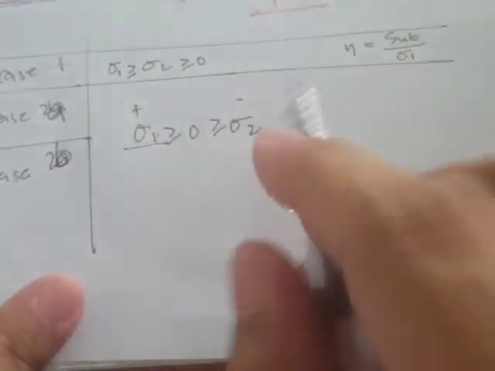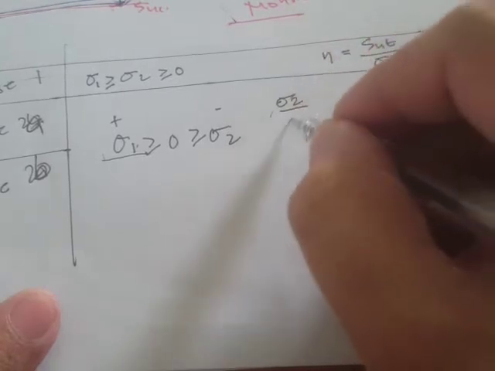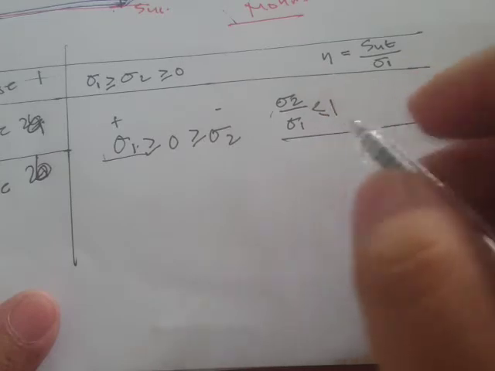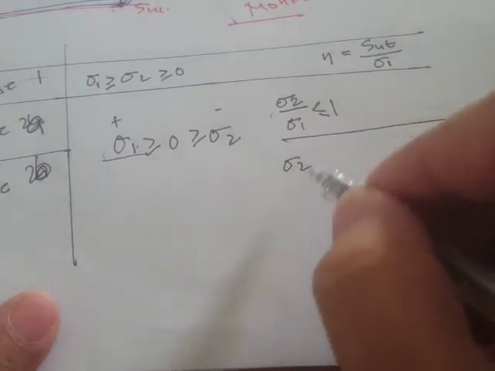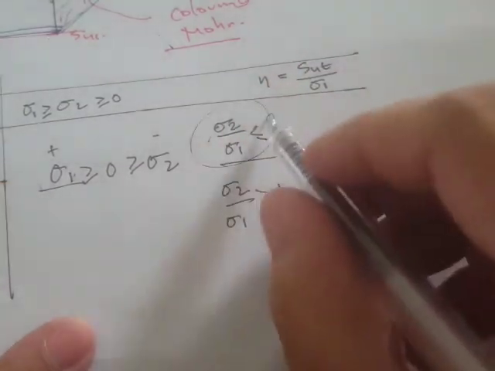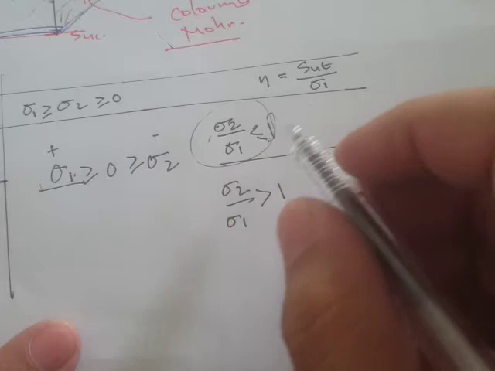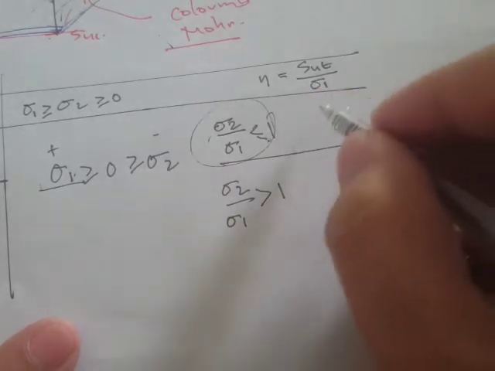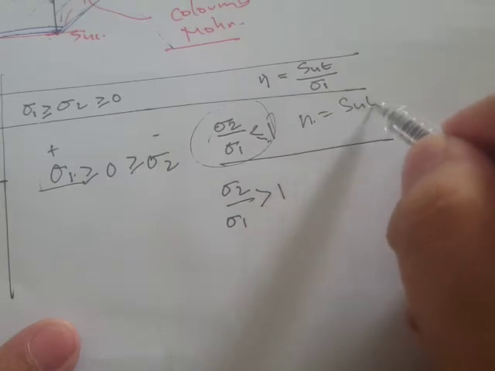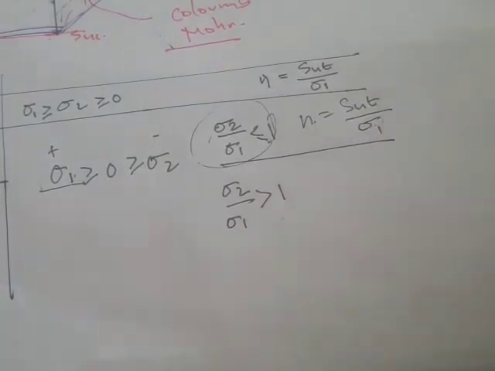Now, if that's the case, then you have to check if the ratio of sigma 2 to sigma 1 is less than or equal to 1, or sigma 2 over sigma 1 is greater than 1. Because if it's less than or equal to 1, then the equation is actually the same as case 1, SUT over sigma 1.